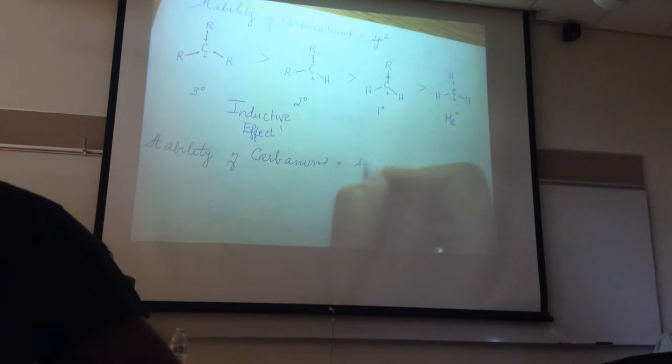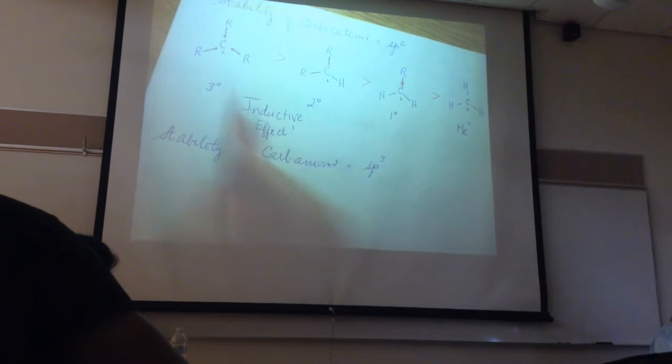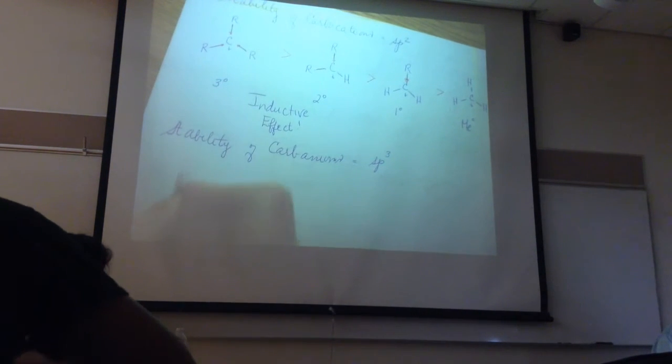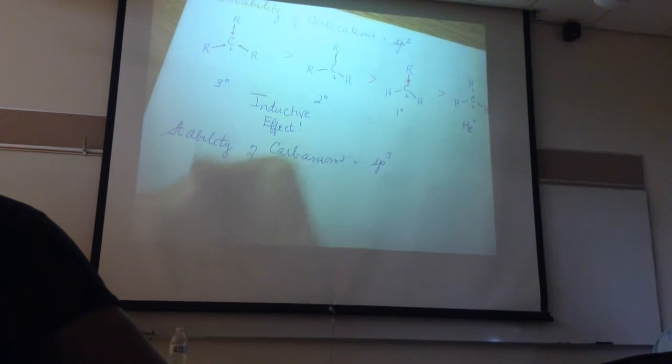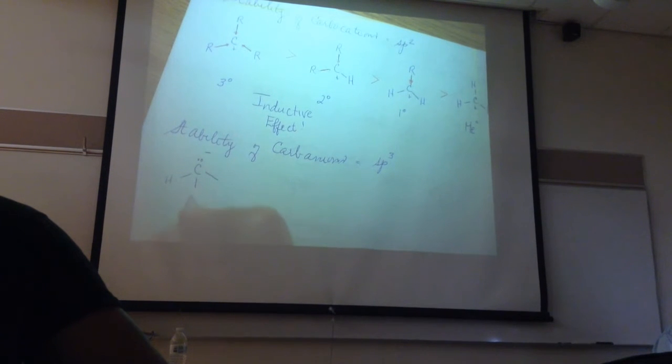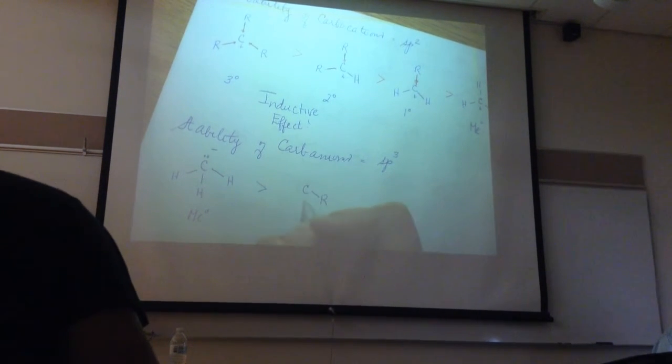These guys are sp3, most of the time, but you don't want all of them. You already have them. I'm going to draw them like this, to show sp3. So your methyl is definitely going to be more stable than your primary.